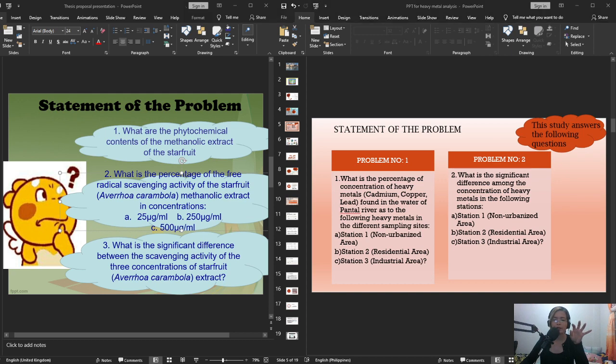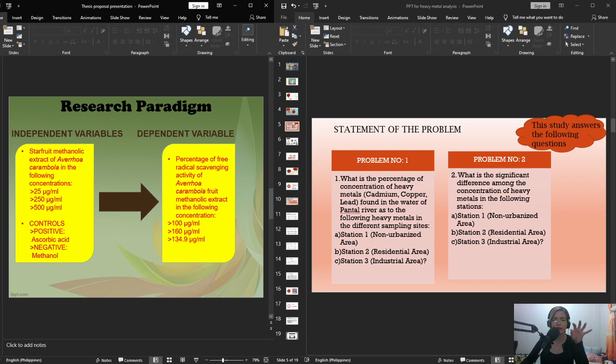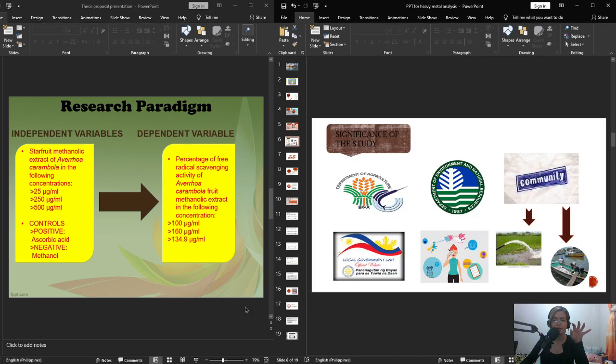Okay, and then next one is your research paradigm. In research paradigm, you just have to copy and paste it, but of course, remember to make sure that your fonts are readable. And then you have to pick a contrasting color.